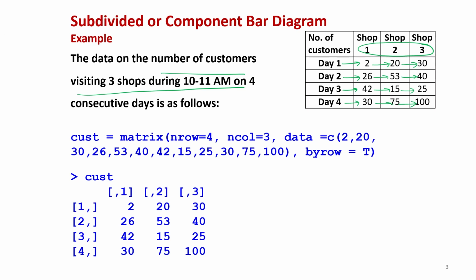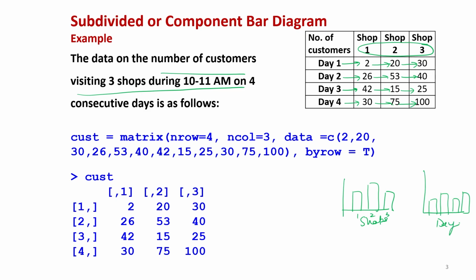Now, we want to create a plot which can reflect this type of information. If you try to create a simple bar plot, then we have 2 options. One option is to create the bar plot for shops 1, 2 and 3, or the second option is to create it for the days, day 1, 2, 3, 4.